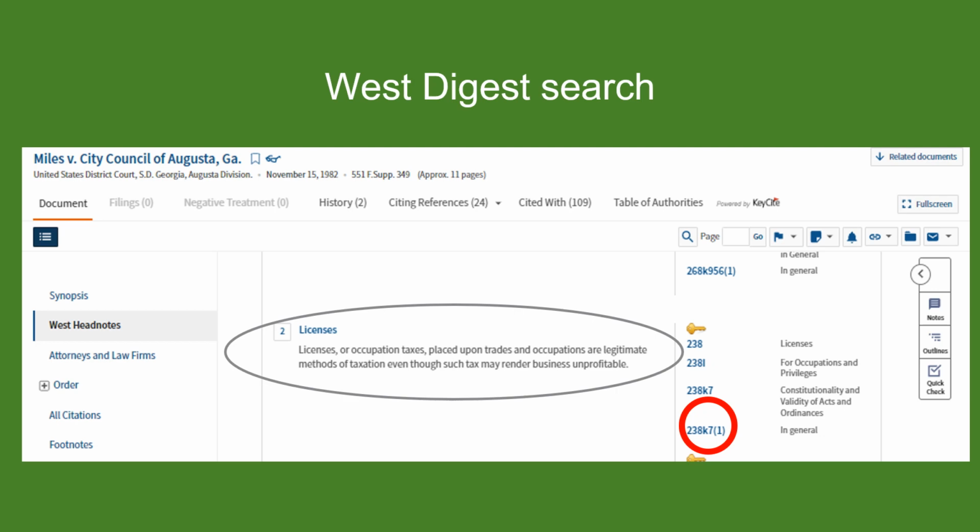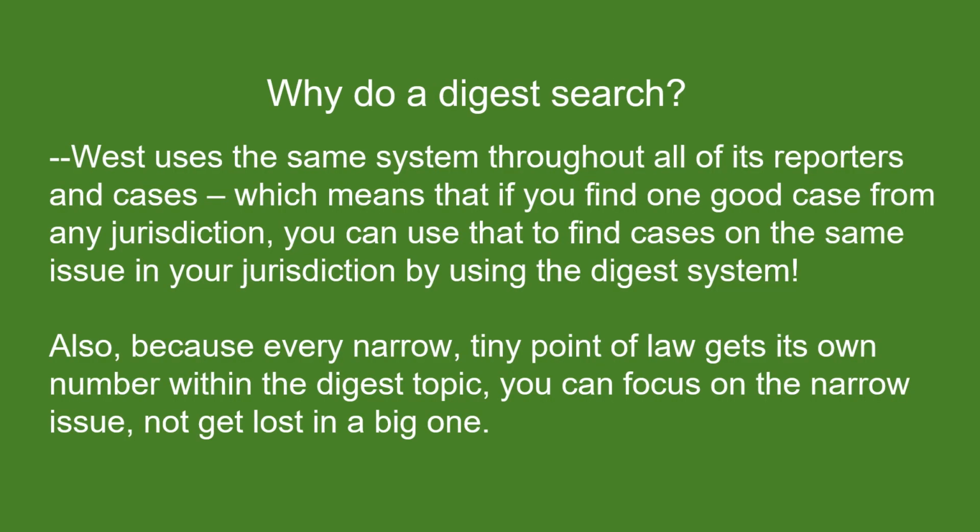So it's a way to search for cases on a specific point of law. West uses the same system throughout all of its reporters. So basically, there's a rule of one good case. If you can find one good case from any jurisdiction, you can then use that to find the issue in your jurisdiction using the digest system.